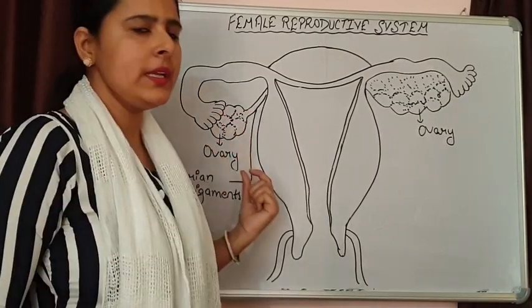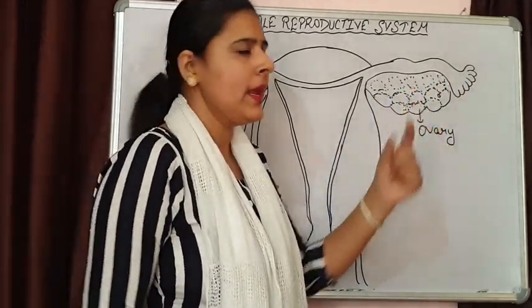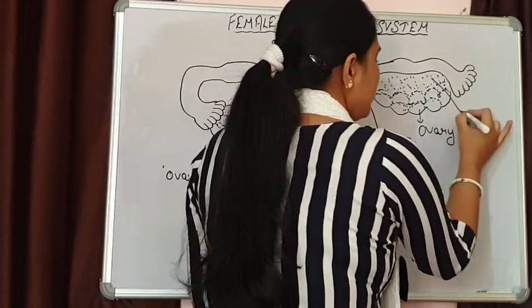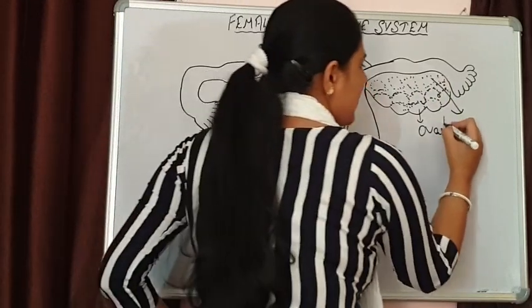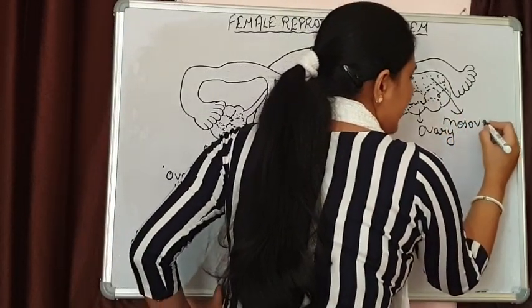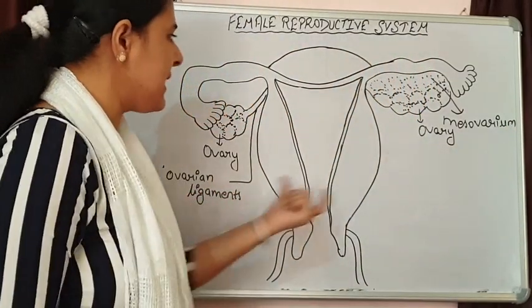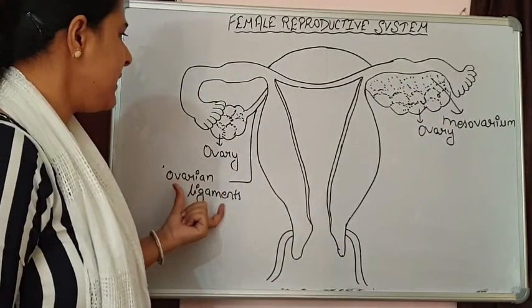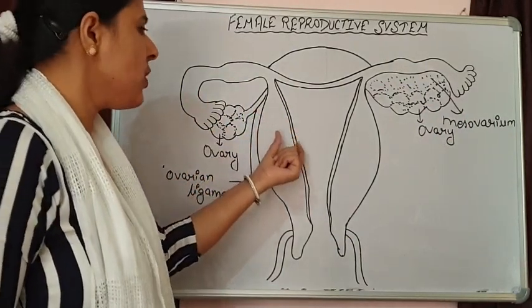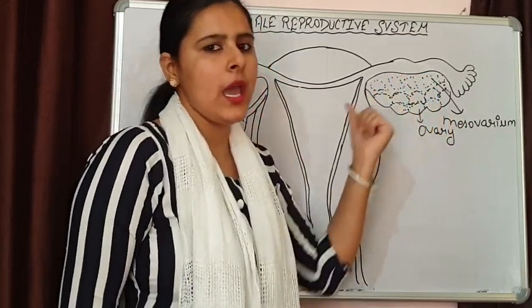Other than ovarian ligaments, these ovaries are also attached with the abdomen with the help of transparent mucous membranes known as mesovarium. So these are two structures that help in the fixing of ovaries. With the help of the ovarian ligament they are attached with the uterus walls, and with the help of the mesovarium they are attached with the abdomen.